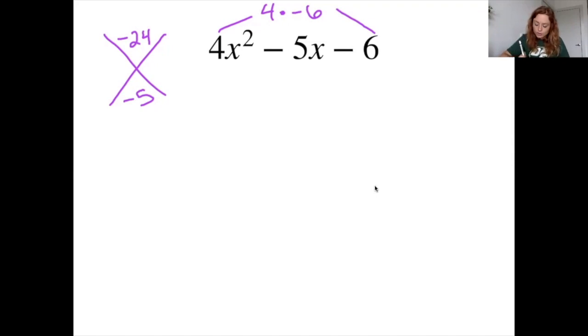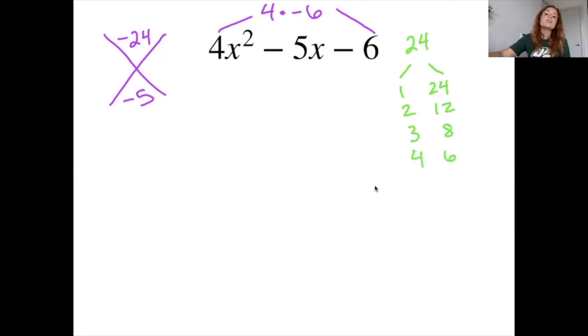So if that helps you, we're gonna find two numbers that, because of that sign, subtract to give us 5, okay? So let's break apart 24. Let's look at our multiples of 24. So we have 1 and 24, 2 and 12, 3 and 8, 4 and 6.